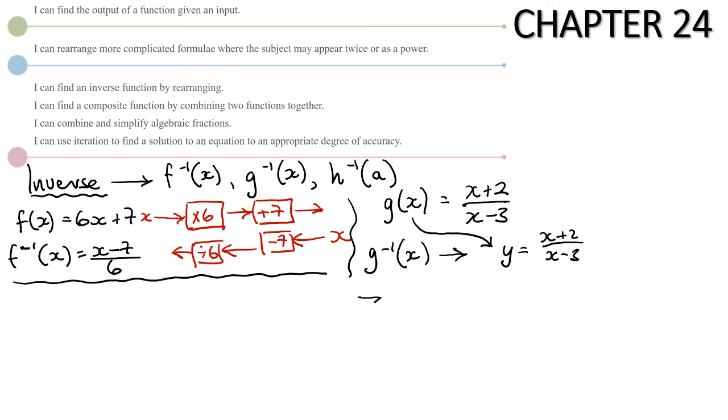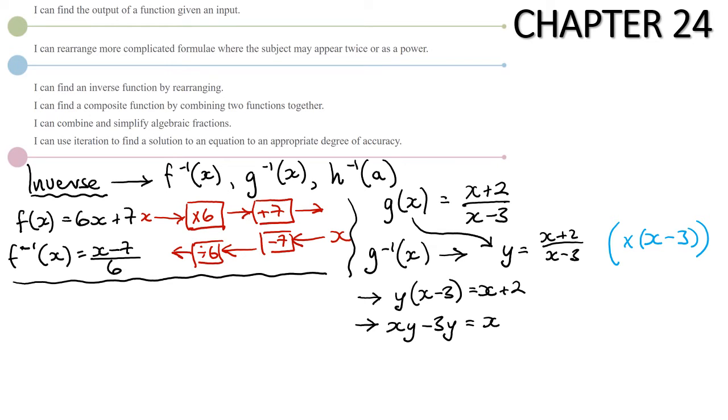And what I need to do is to make y the subject. So to do that, I'd probably start by multiplying both sides by x minus 3 to get rid of that nasty fraction. So I'd have y times x minus 3 equals x plus 2. Then I'd expand the brackets and have xy minus 3y equals x plus 2. Now I want to make x the subject, so I'll bring both the x's to the same side.